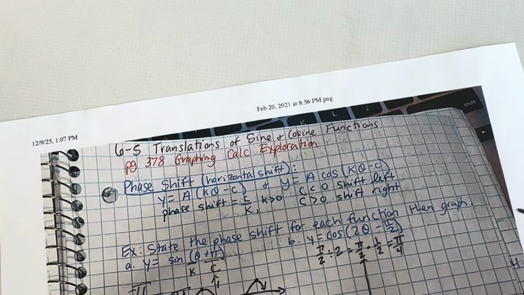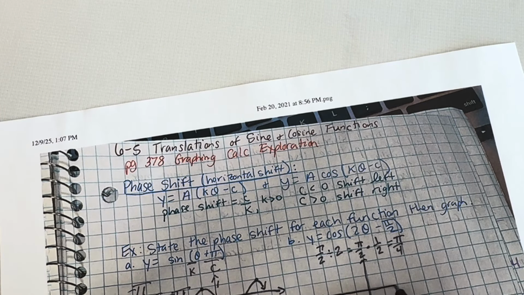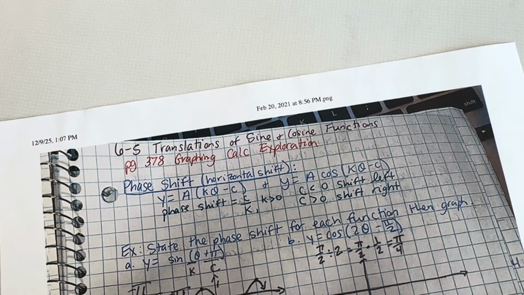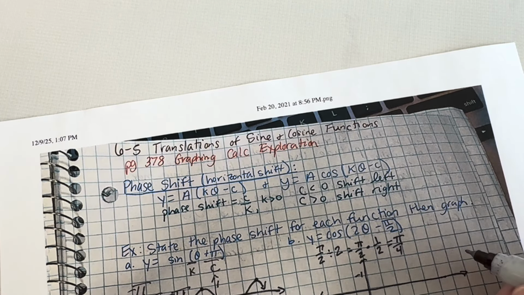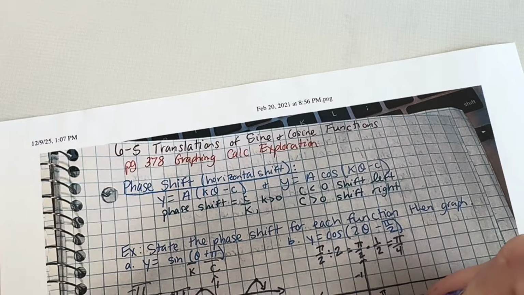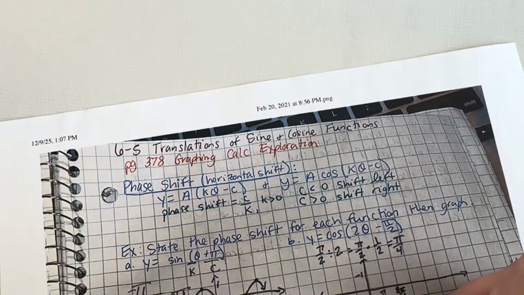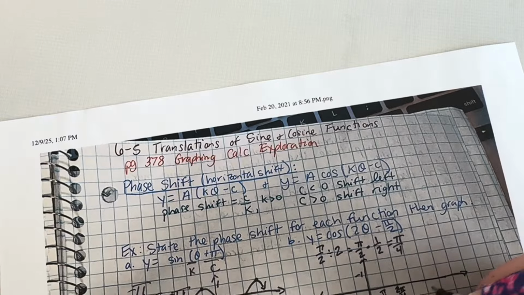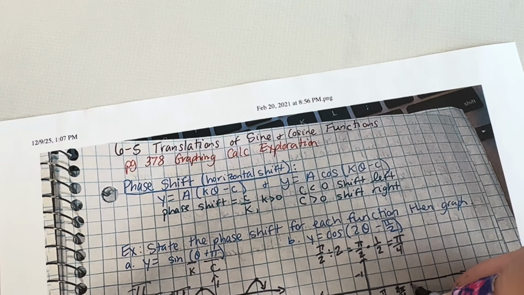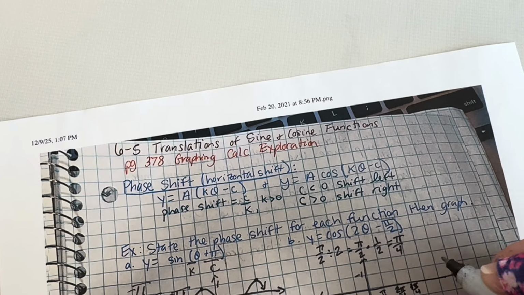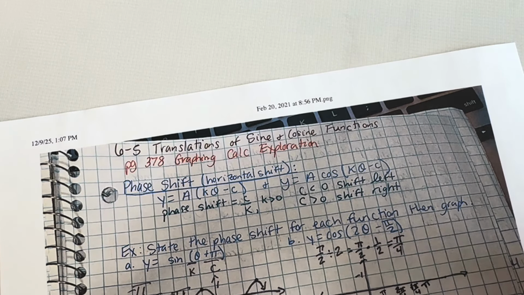So same thing, I'm going to make my graph. For this one, instead of going by pi over 2s, I'm going to go by pi over 4. This would be 2 pi over 4, but think about that. That's really equal to pi over 2. 3 pi over 4, and this one would then be pi.